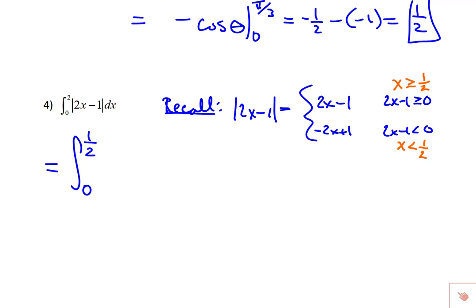In that piece, we're using the negative 2x plus 1 dx. Okay, so that's this second piece where x is less than 1/2. But that's only part of our interval, so we're going to then add on to that the rest of it, which would be from 1/2 to 2, finishing out the desired bounds here. That's the other piece, which means our function is 2x minus 1 dx in that interval.